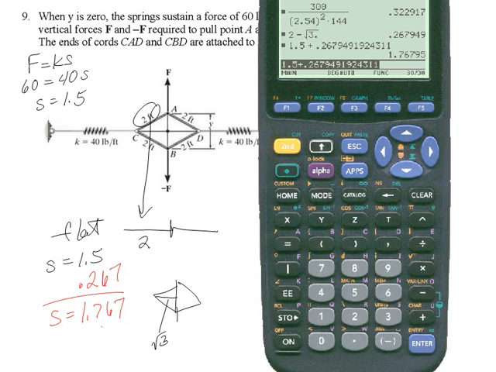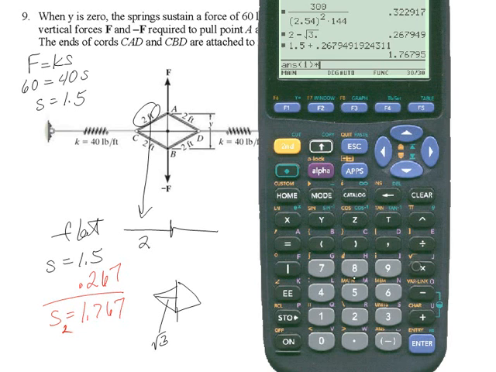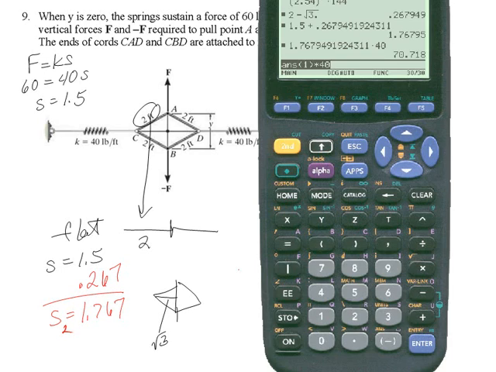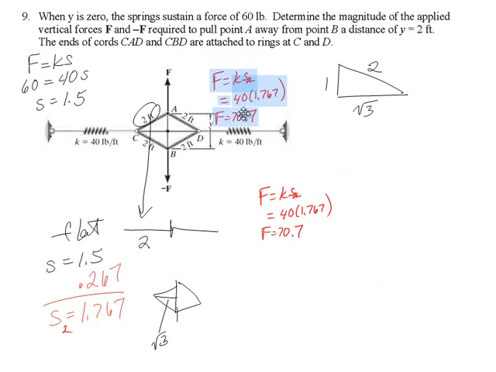So that means the new force that the springs are pulling on, the new spring force, which is Ks, like the new S or S2 or whatever you want to call it, is now 40 times 1.767. So that's 70.7. So the new force is 70.7. So that's useful.